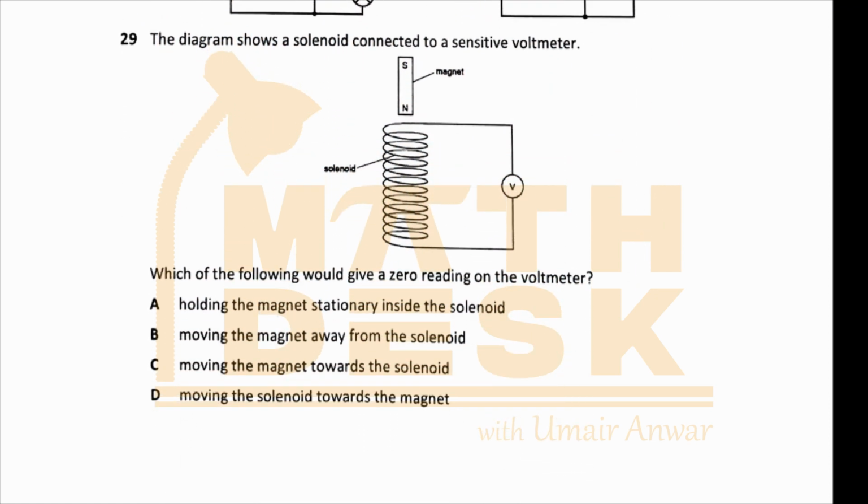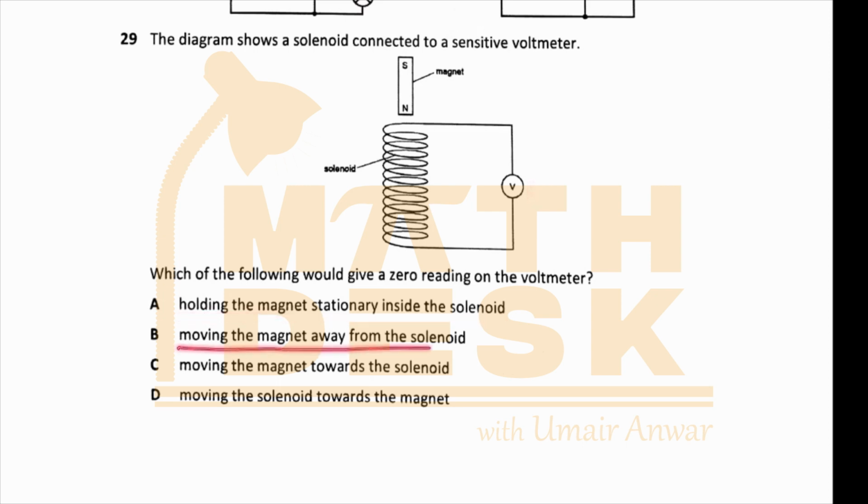The next question says the diagram shows a solenoid connected to a sensitive voltmeter. Which of the following would give a zero reading on the voltmeter? Holding the magnet stationary inside the coil. Since there is no relative movement, the voltmeter reading would be zero.